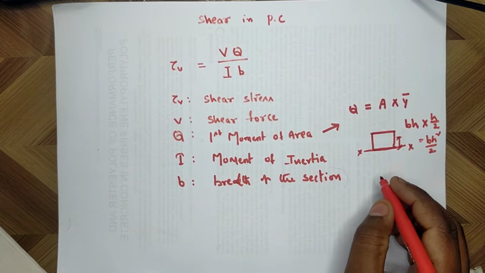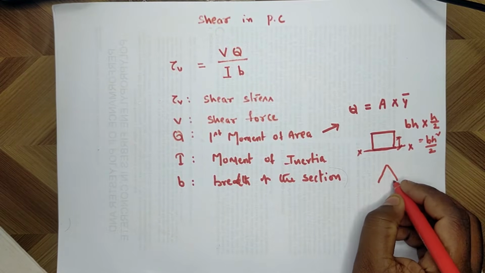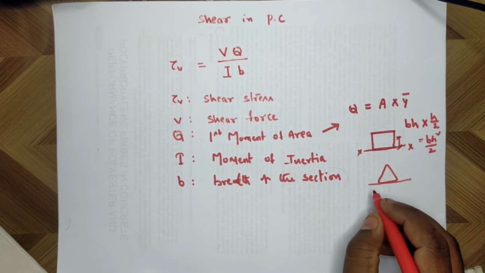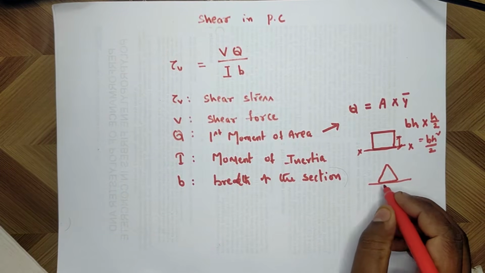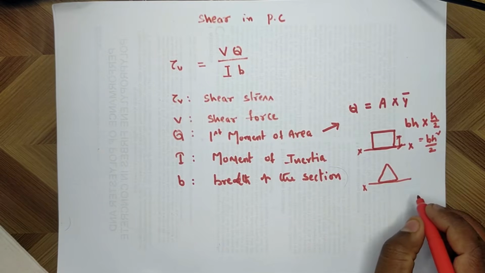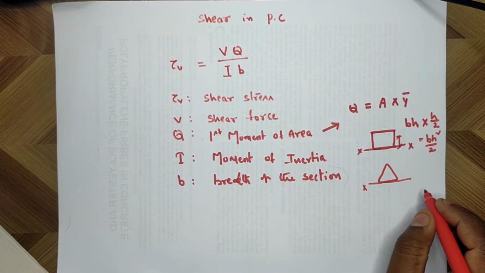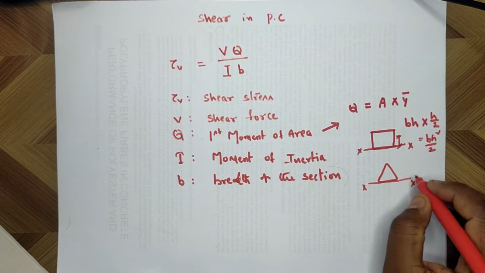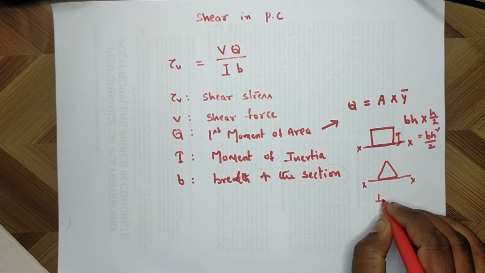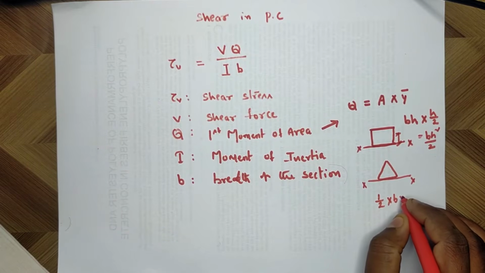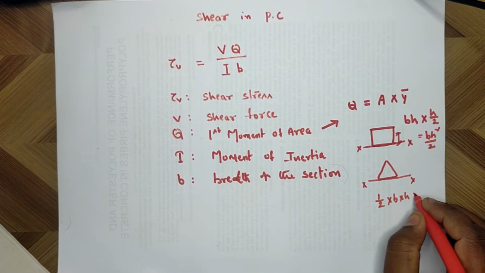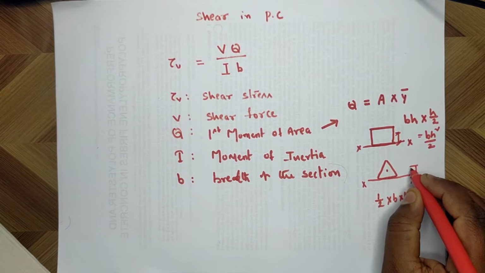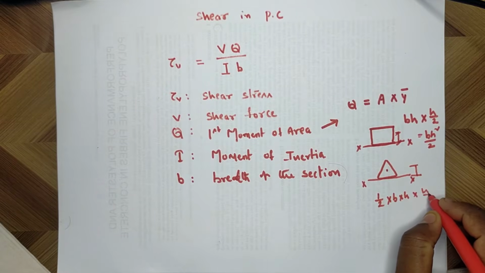We will take another example. Suppose for a triangular section, I am going to measure the moment of area from the base. Now the area of this one will be half into base into height, and the distance between the centroid and the axis will be H by 3.